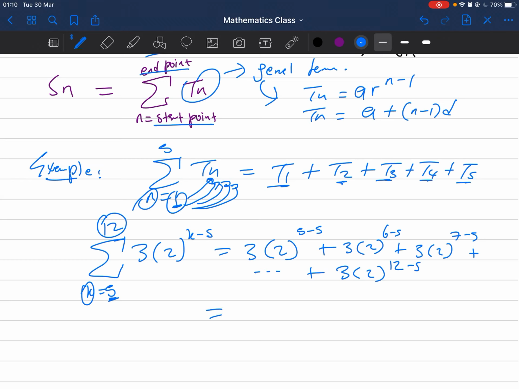And you can actually take your calculator and punch this in. 3 times 2 power 5 minus 5, you're going to get 3. Punch in 3 times 2 power 6 minus 5, you're going to get 6. Punch in 3 times 2 power 7 minus 5, you're going to get 12. And 3 times 2 power 12 minus 5 is 384.